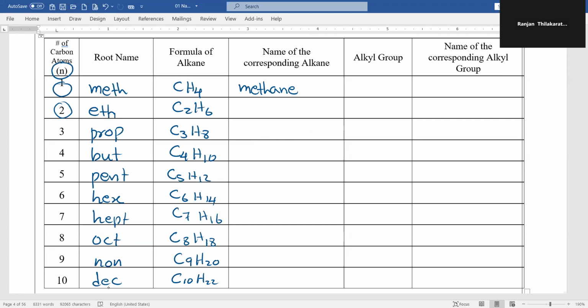Then having 2 carbons in that particular hydrocarbon, the name is ethane, propane, butane, butane, pentane, and complete the rest.